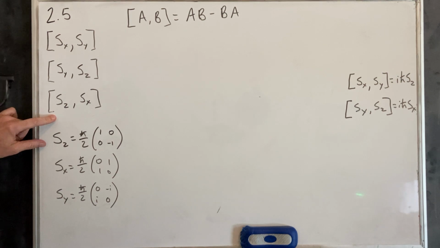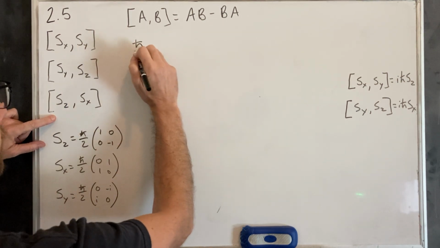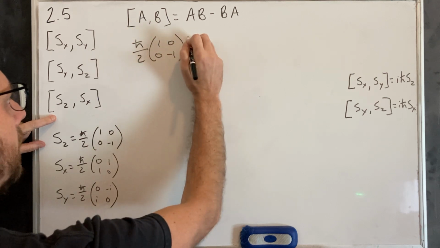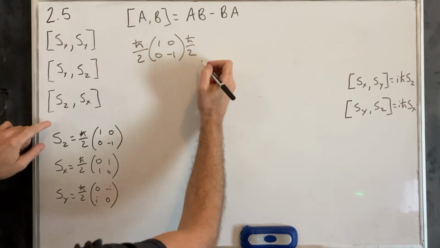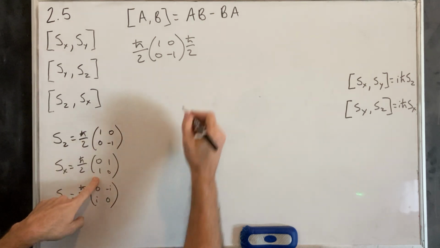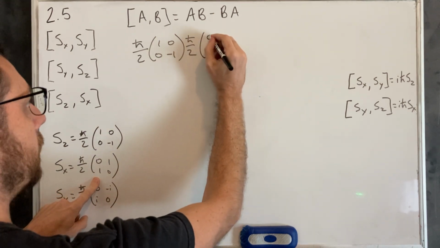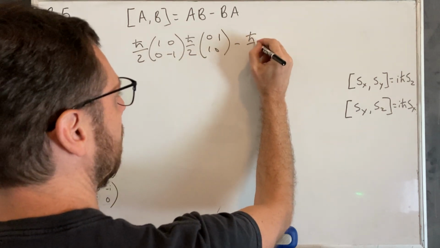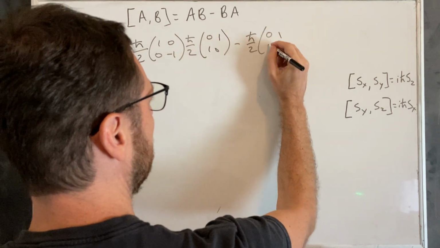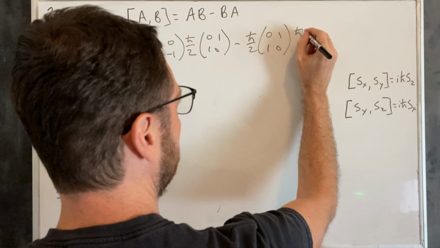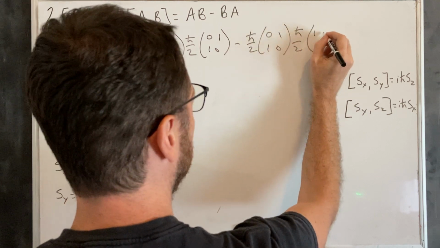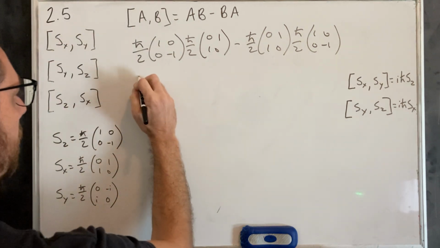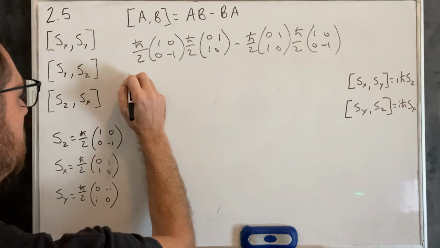Okay, so we have Sz, which is h bar over 2, 1, 0, 0, negative 1. h bar over 2, Sx is 0, 1, 1, 0, minus h bar over 2, 0, 1, 1, 0, h bar over 2, 1, 0, 0, negative 1. Okay. Combine our h bar over 2's.